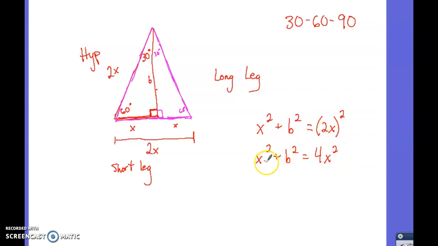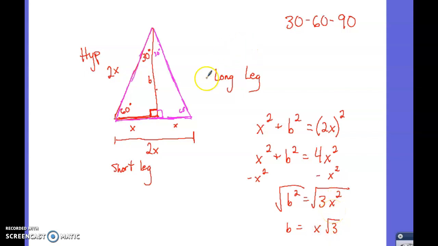Got to square each piece. Subtract 1x squared over. Well, 4 minus 1, okay, well that's 3x squared. And if I ask you to solve for b, you got to square root both sides. Well, I can't square root 3, but I do know that the square root of x squared is x.